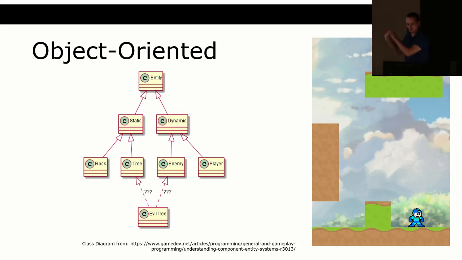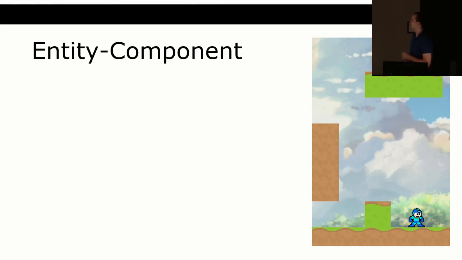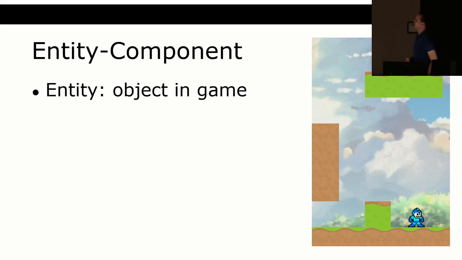And yes, there are ways to do this that are a little bit nicer than this contrived example that I've given, but if you try to use strict object-oriented programming to manage your architecture, it gets very hierarchical and very difficult very quickly.